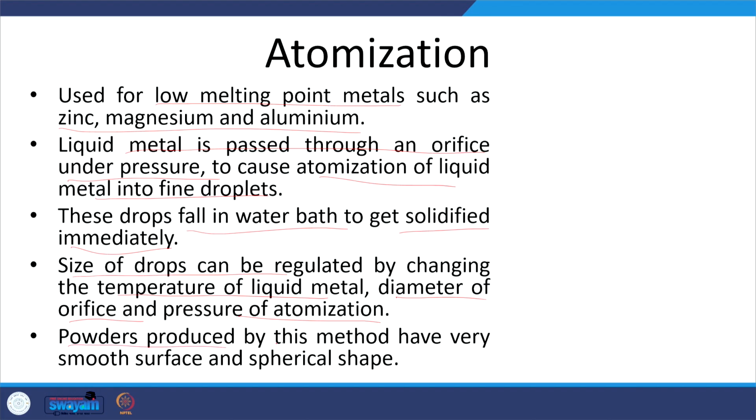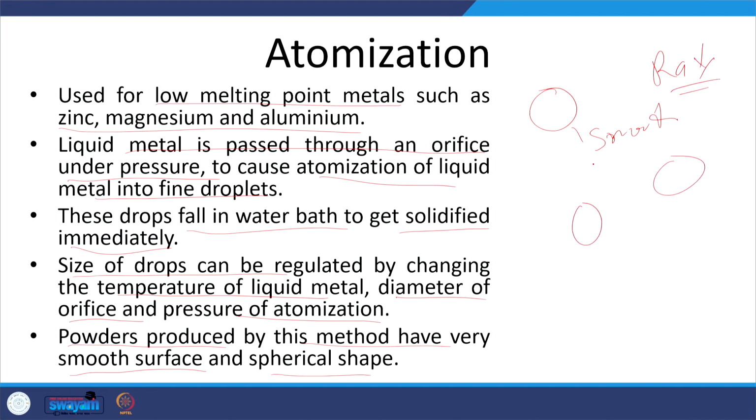The powders produced by this method have a very smooth surface and are spherical. This is very important information. Powders are spherical and the surface is smooth, so the Ra is low, which is one of the favorable things.